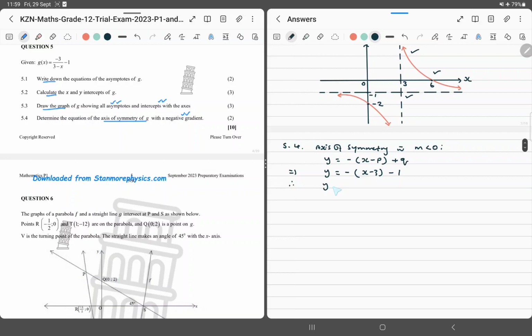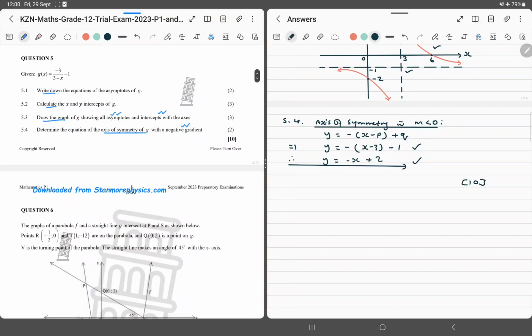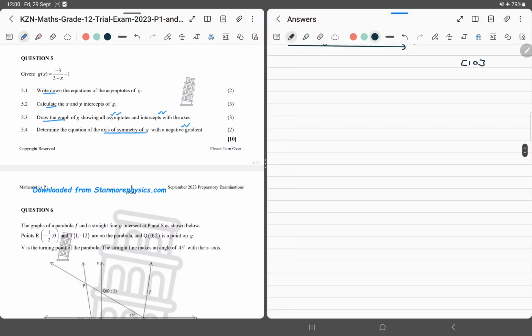Then we can conclude that y is going to be minus x plus 3 minus 1, which is plus 2. So this is a quick way to sort this out. Very easy. The substitution and the answer give us those marks. So this question was kept nice and easy, the standard grade 11 way.